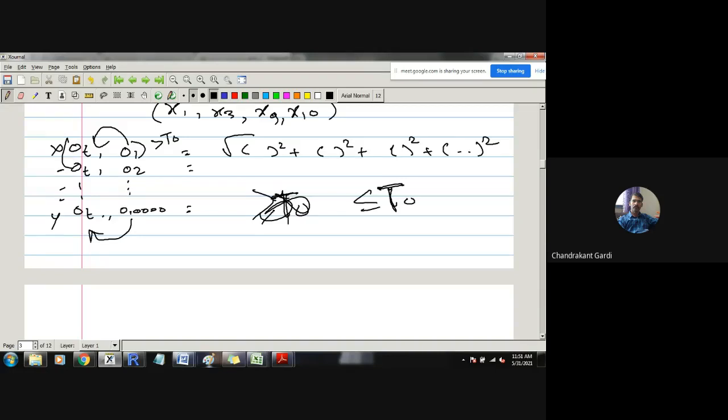So out of these 10,000, suppose we come up with only say 87 observations for which the difference between them and the test observation is less than t naught. So a threshold value will be set, and only those observations which have distance less than t naught from the test observation will be considered.